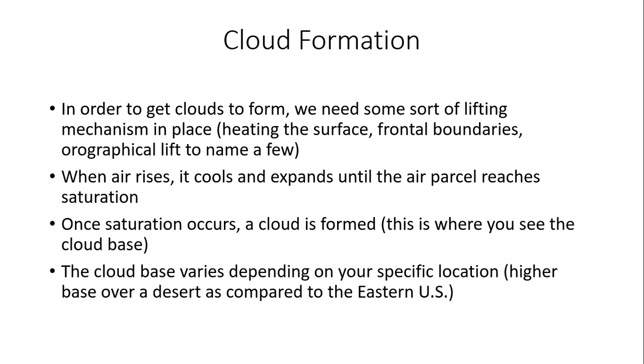These are just a few of the ways in which the air rises. Now, when the air rises, it's going to cool and expand until the air parcel reaches saturation. And when the saturation actually occurs is when the cloud is formed.